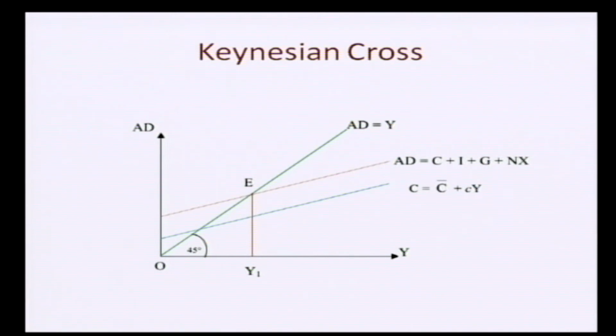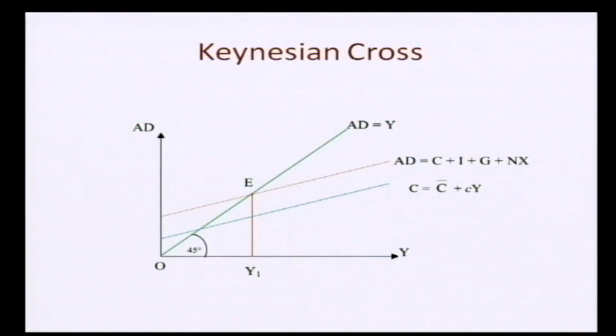So supply will be less than demand. If supply is less than demand, to the left of the point Y1, there will be some running down of inventories. There will be higher demand and the prices may increase, or keeping in view the demand, the businesses will increase the level of output.